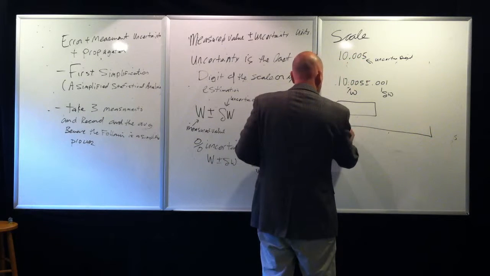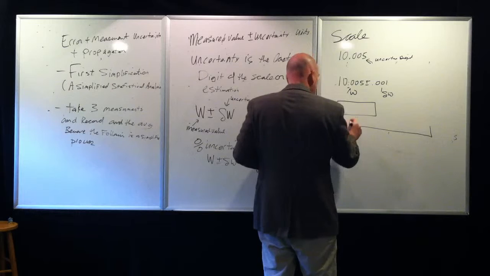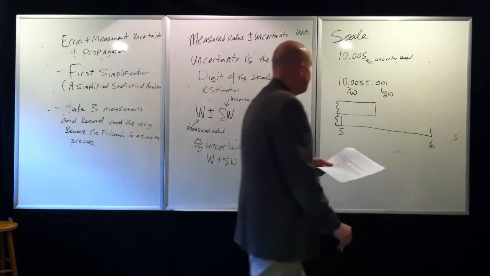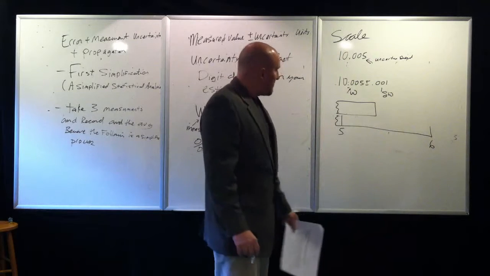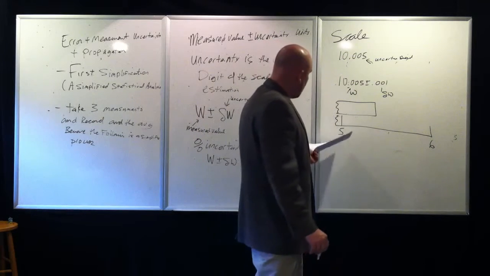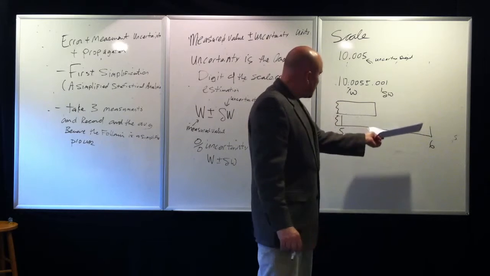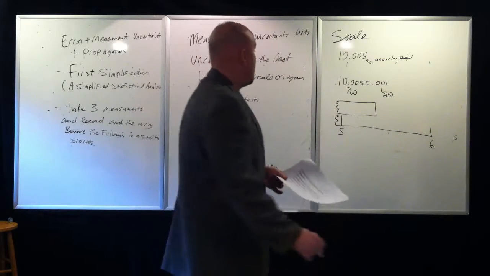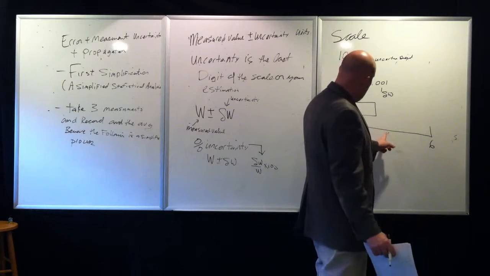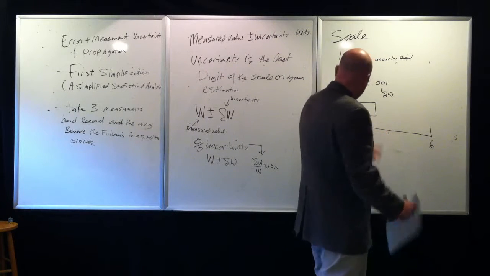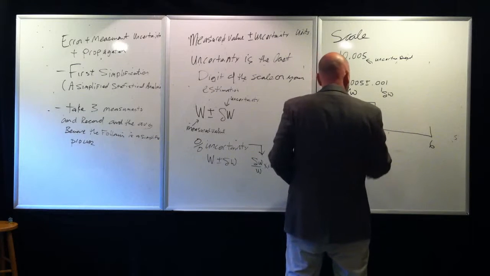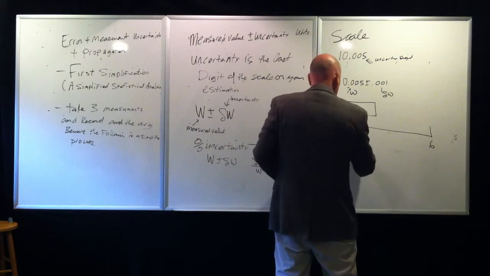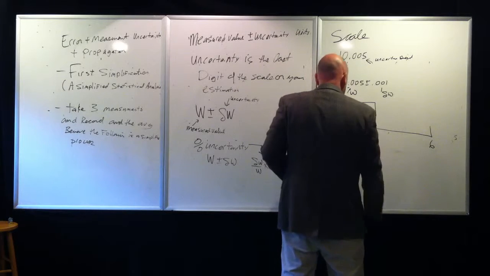Let's say this is 5 units, and this is 6 units. You know it's greater than 5, and you know it's less than 6. So what is it going to be? Well, I would estimate that would be about 5.5. So I would estimate this length as 5.4 plus or minus 0.1.